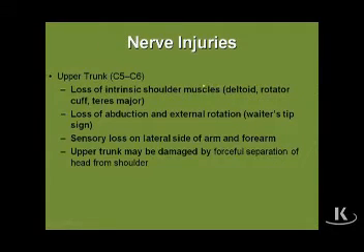And since the major function of those muscles is to abduct and externally rotate, you'll have a loss of abduction and external rotation at the shoulder. And that means that the limb will tend to be held in the opposite position, which is adduction and internal rotation. And that's been given the name waiter's tip sign because it takes on the appearance of a waiter, suggesting that you slip him a tip.